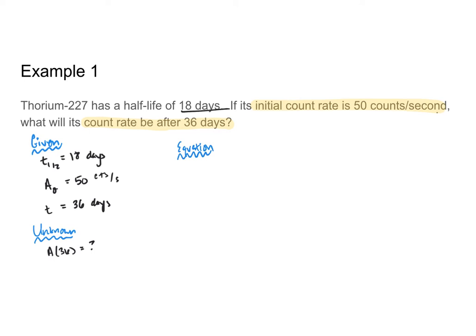So we know that after one half-life, the activity in our sample will be 25 counts per second, because the activity should be split in half after one half-life.